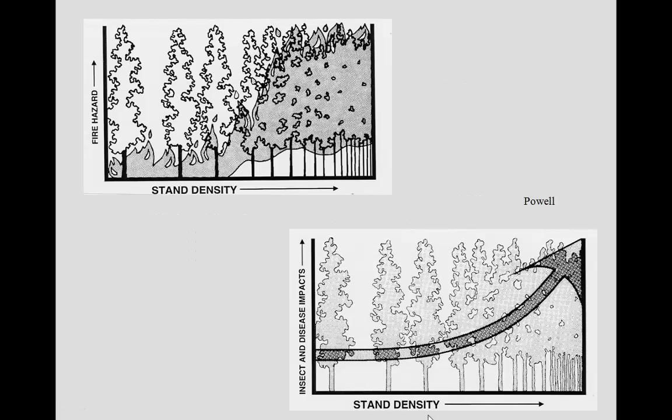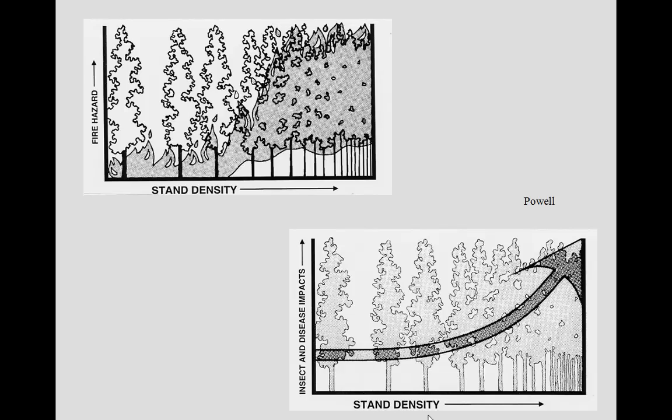Relative density is important. Now these two cartoons are kind of cute, I think. Increasing stand density on the x-axis for both of these figures. Truth be told, that should be relative density, and it's axiomatic among silviculturists that bad things are more likely to happen at high relative densities than at low relative densities.